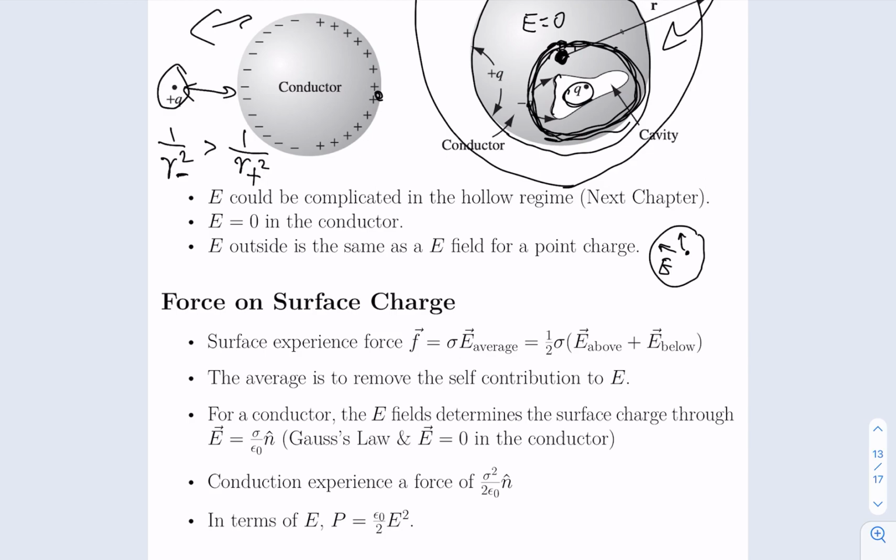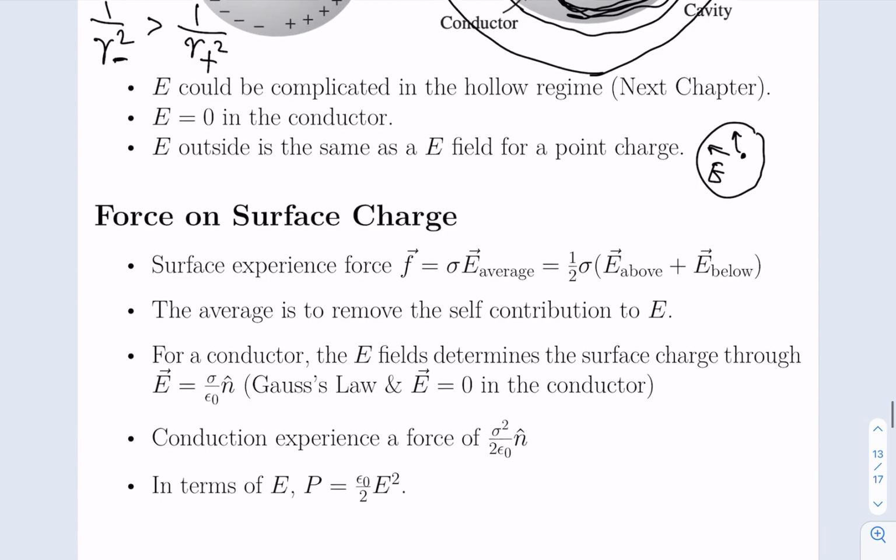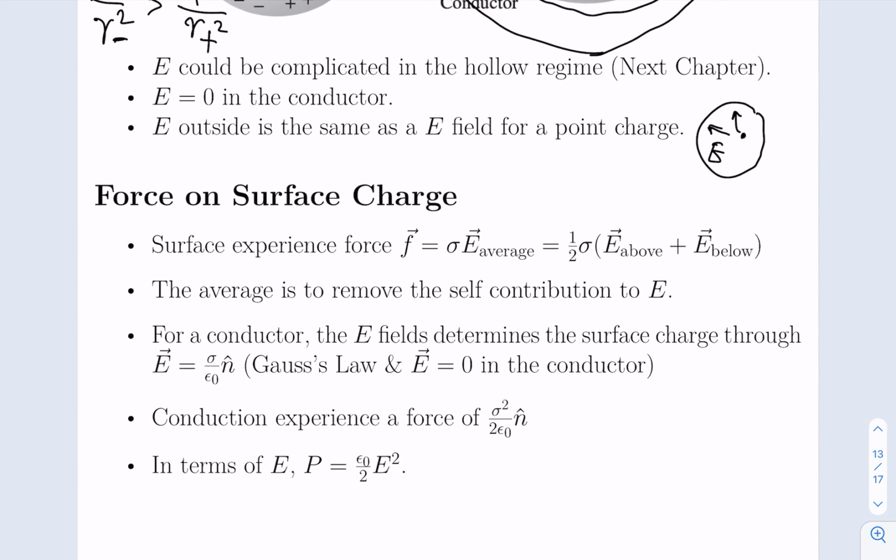And how do you calculate this force? Well, what I claim here is that the surface charge can really be used for the calculation. F should be proportional to the surface charge times the electric field, right? But what exactly is this electric field?